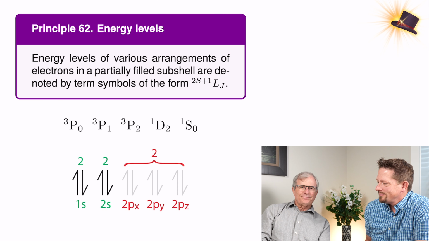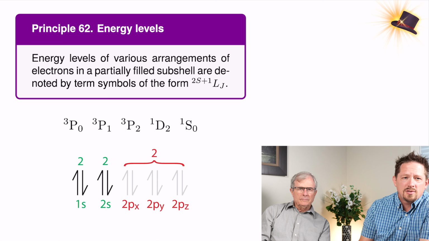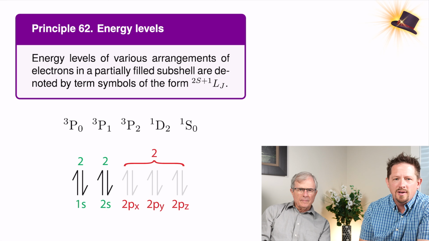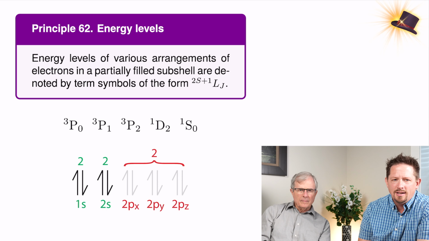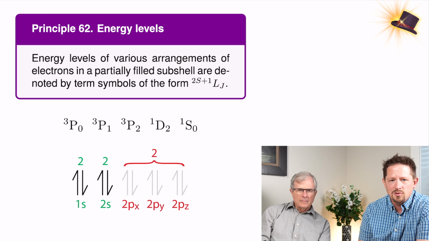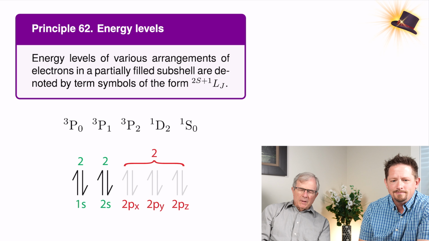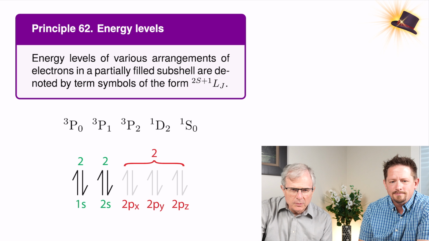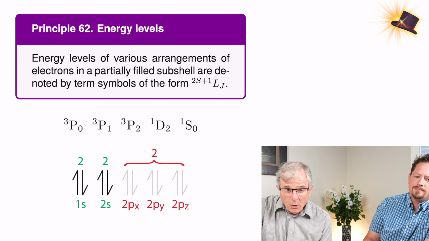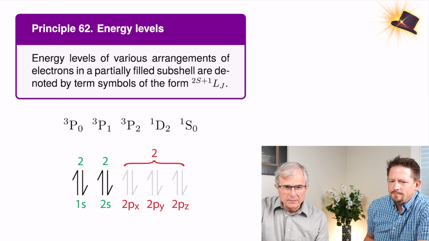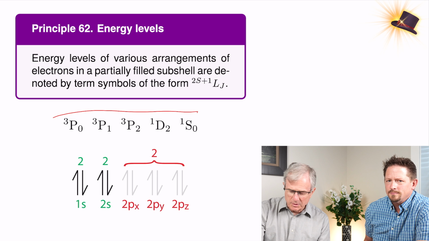Energy levels. Principle 62, energy levels. Energy levels of various arrangements of electrons in a partially filled subshell are denoted by term symbols of the form 2S+1 L J. We go into considerably more detail in our book describing these term symbols.